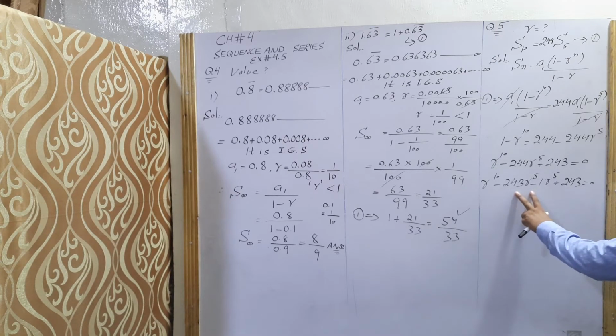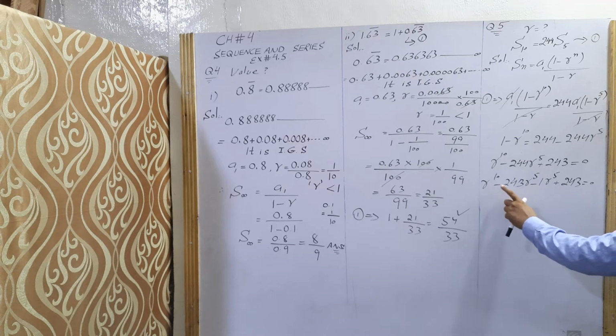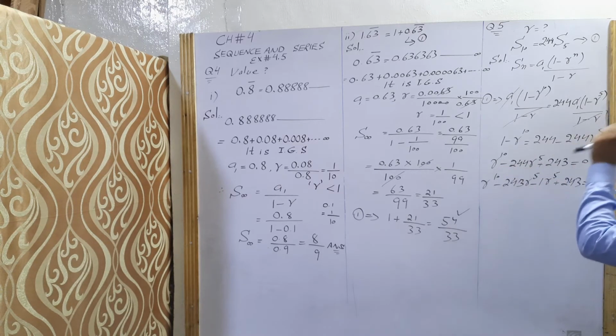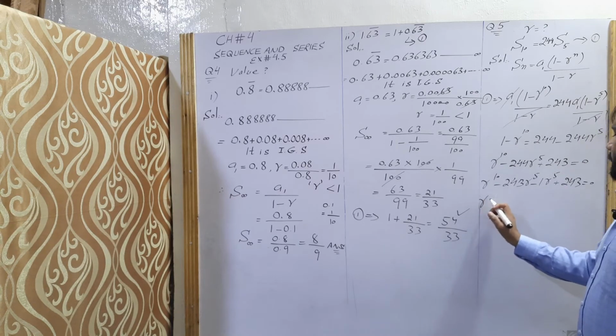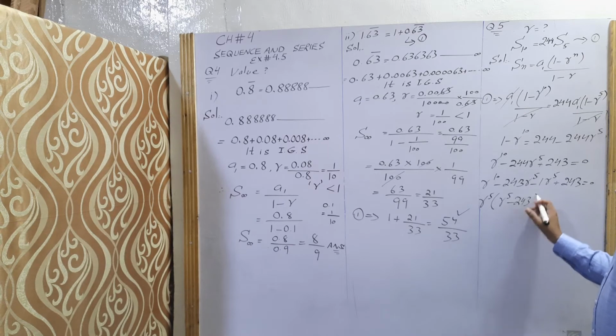If we add the factors we get minus 244, and if we multiply we get positive 243 r raised to power 10. So the common factor is r^5: (r^5 minus 243) and (r^5 minus 1).